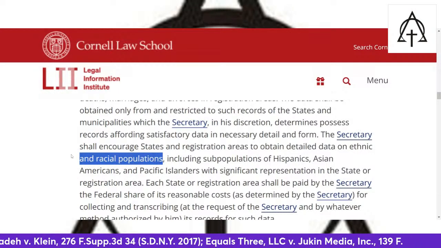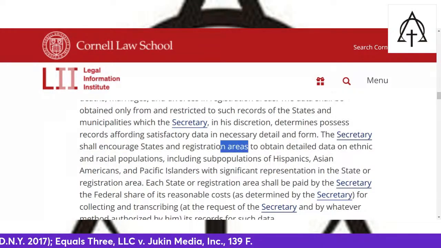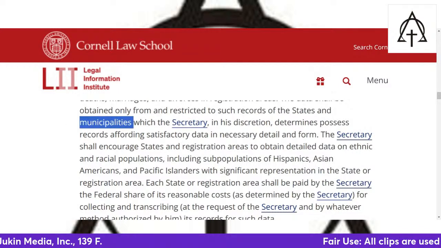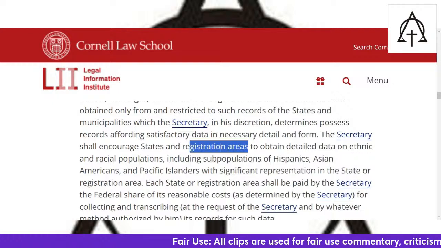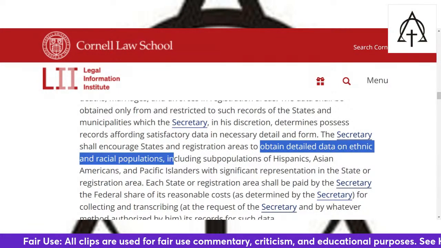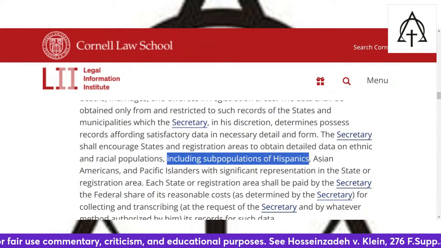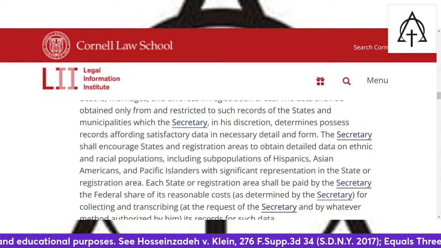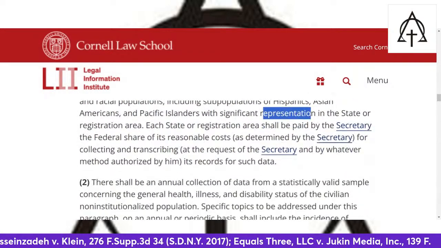Well, if it said states and municipalities here, then the states and registration areas would be the municipalities. To obtain detailed data on ethnic and racial populations, including subpopulations of Hispanics, Asian Americans, and Pacific Islanders with significant representation in the state or registration area.